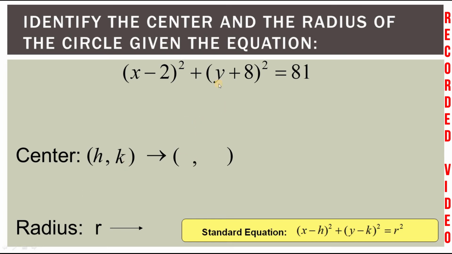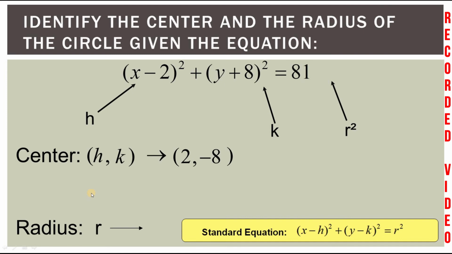Rather, it is negative 8 because as you notice, our given equation is in the standard form with a minus sign. So if this is positive 8, the value of k would be negative 8. So our center is (2, negative 8). While our radius, is it 81?